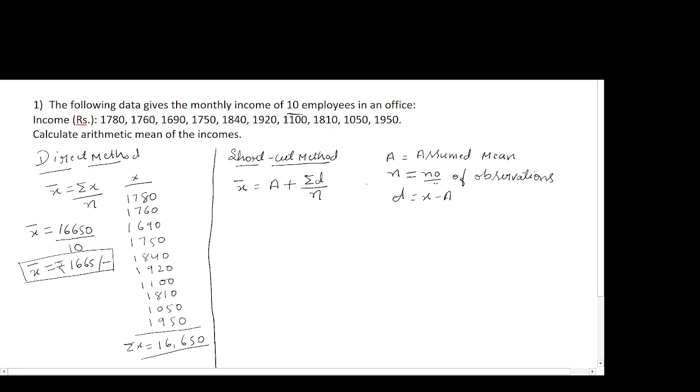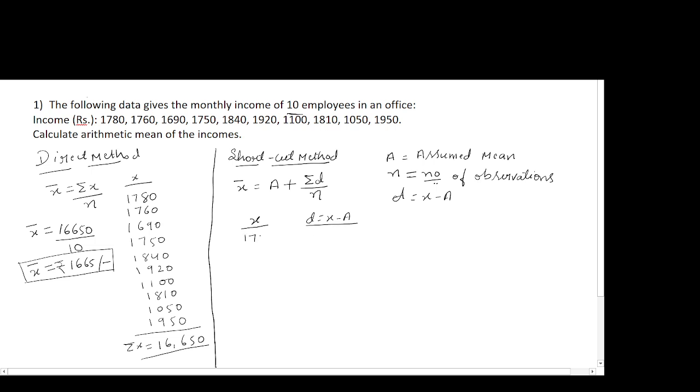Now as per the formula, we need the A value, the assumed mean. We also need the summation D value, where D is equal to x minus A. Now let us solve this. So let us prepare a chart. Write down as it is the x values. Then we need D is equal to x minus A. X values are as it is, which is given.